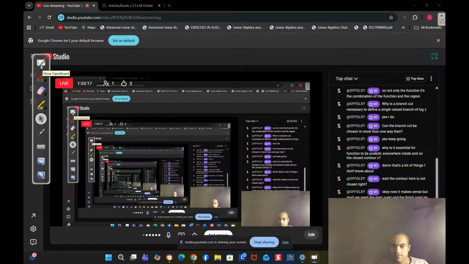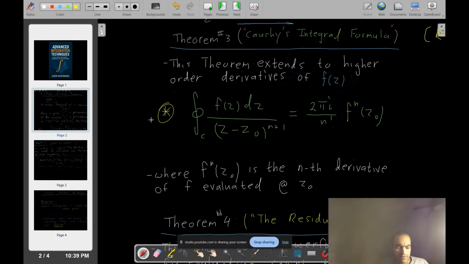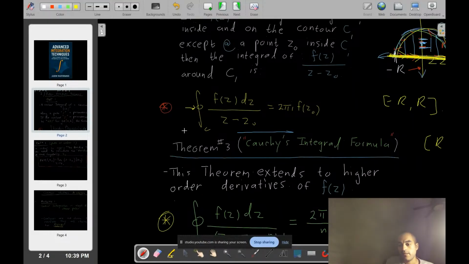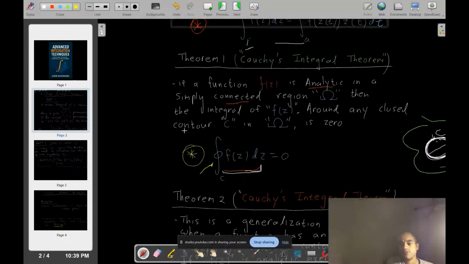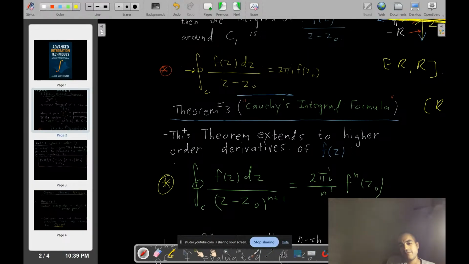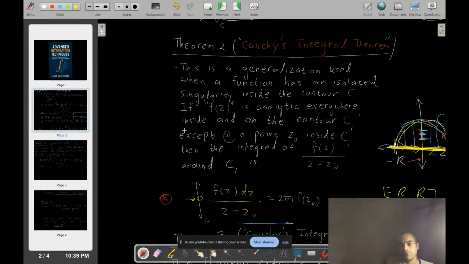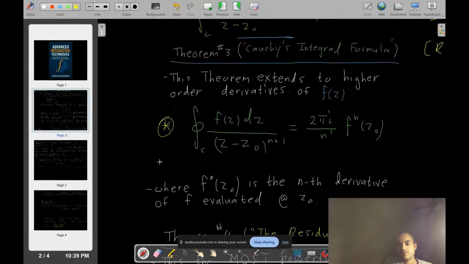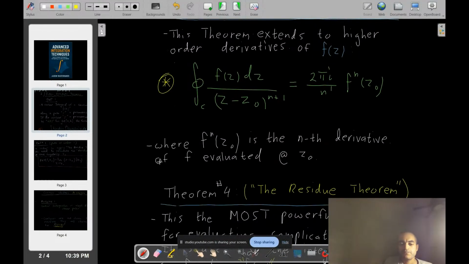All right. Then we also have theorem 3, Cauchy's integral formula. This is Cauchy's integral formula, not his integral theorems. Integral theorems 1 and 2 are not the same, but Cauchy's integral formula is identical to integral theorem part 2, as you can see. This theorem won't be used that much; it's not that important. It extends to higher order derivatives of f of z.